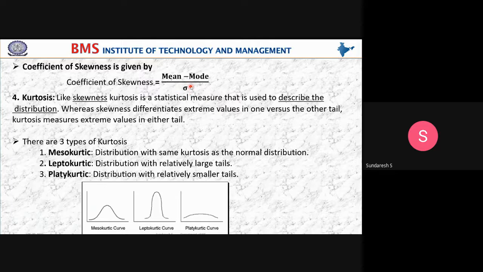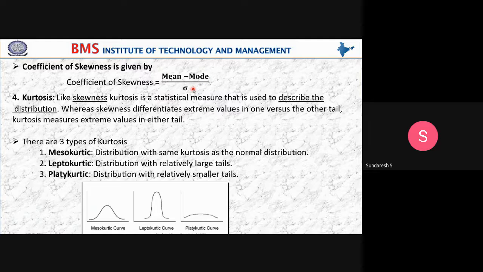So how much the distribution of data varies with respect to the normal distribution is expressed by the coefficient of skewness, which is the ratio of the difference between the mean and the mode to the standard deviation sigma.